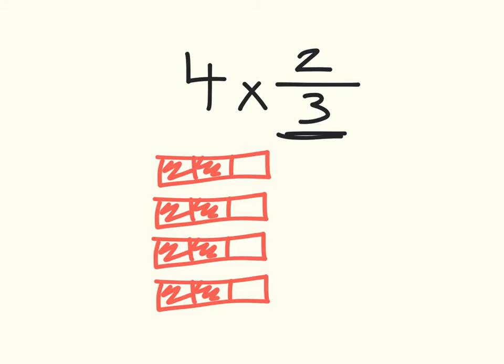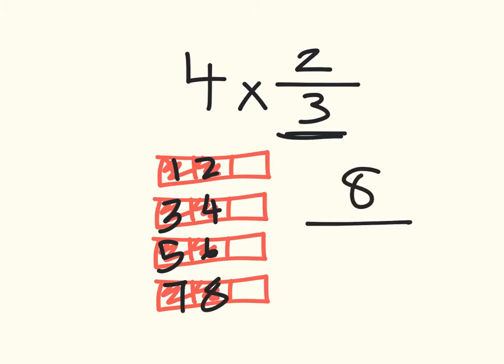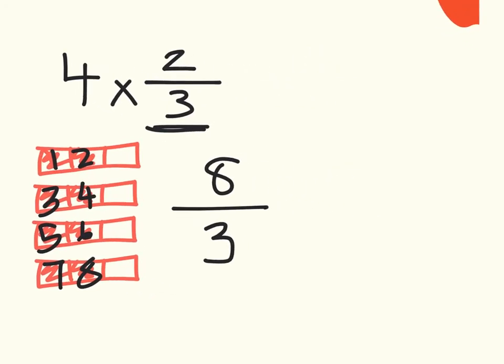Let's count up how many thirds I have. Let's pick a different colour. 1, 2, 3, 4, 5, 6, 7, 8. I have 8 thirds. Or I know that my denominator here is greater than my numerator, so let's move over here.